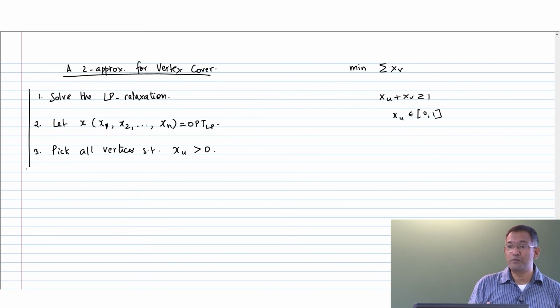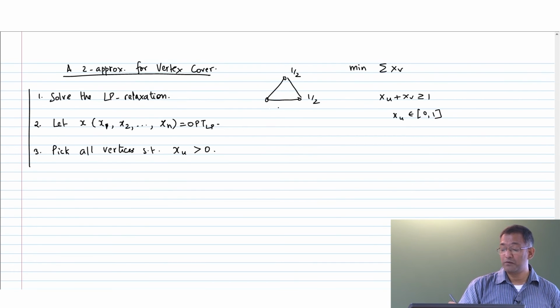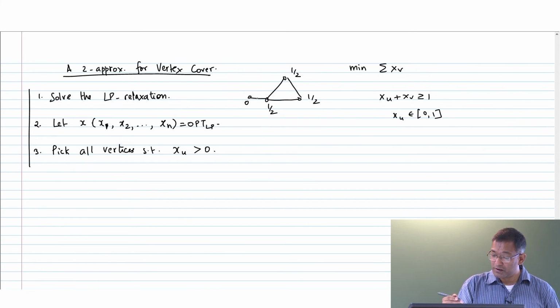I claim that you can't be too bad. No, the linear program can produce fractional values, right? So, for example, if you look at this triangle, the optimal solution to the linear program is assignment of value half to every vertex. Okay. So, now it could be that if you had another vertex like this, the linear program gives a value 0 to this vertex. In this case, it is not feasible. Maybe I can do that.